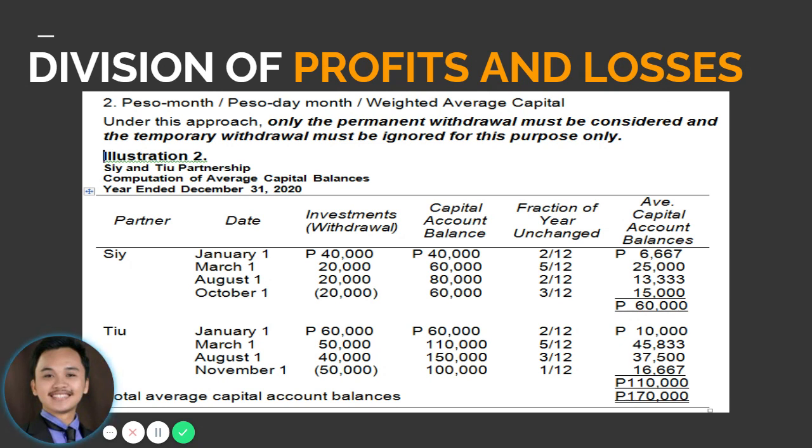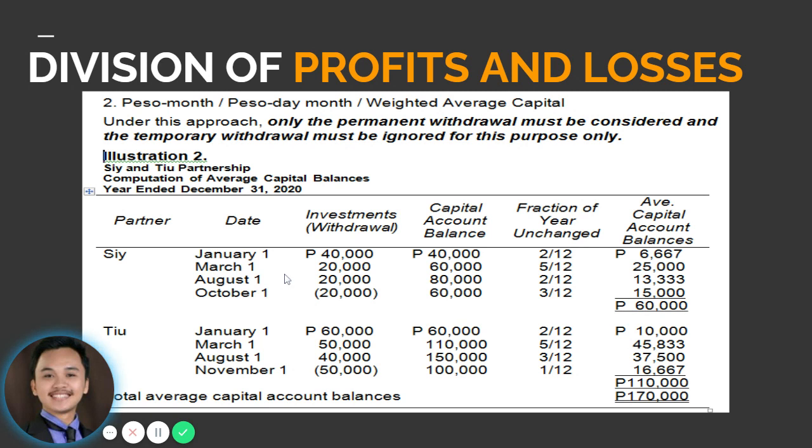From that, you multiply 2 over 12 by the capital account balance of 40,000. Therefore, the average capital account balance for our beginning capital is 6,667. And that process will be followed in the succeeding entries in the capital accounts.